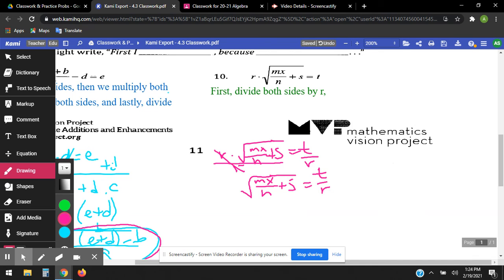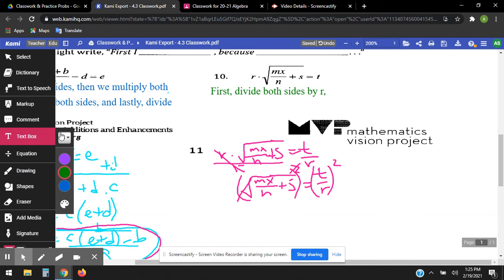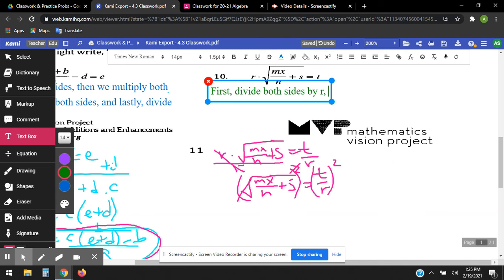All right, so now we need to get rid of a square root. Well, to undo a square root, we have to square everything. Those two cancel. That gets squared. So we're going to divide both sides by r, then square.